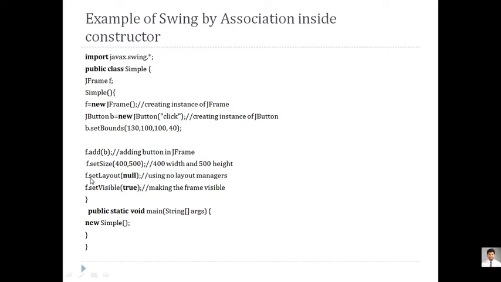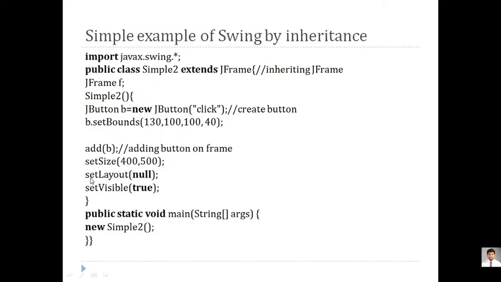This is what we call association. And when we go for inheritance, when we extend the class JFrame, there is no need for creating the object of frame, and no need to say frame object dot add or setSize or setLayout or setVisible. These are basically the four functions we have to implement everywhere.